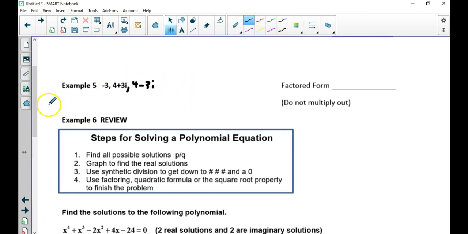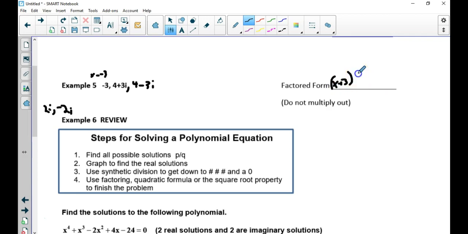So for example, if you had 2i, then you automatically know you have negative 2i, and so forth. So you have negative 3, so remember it's x minus negative 3, which really makes x plus 3.